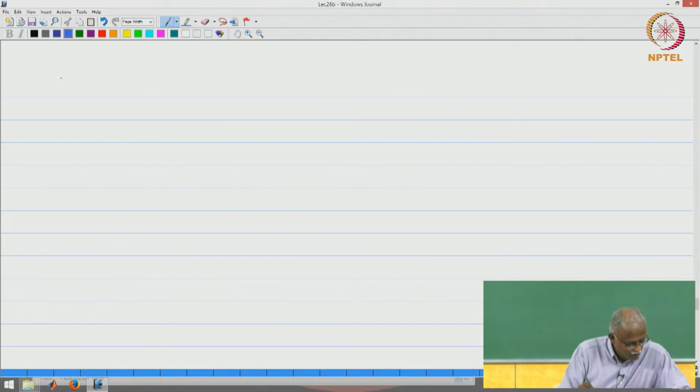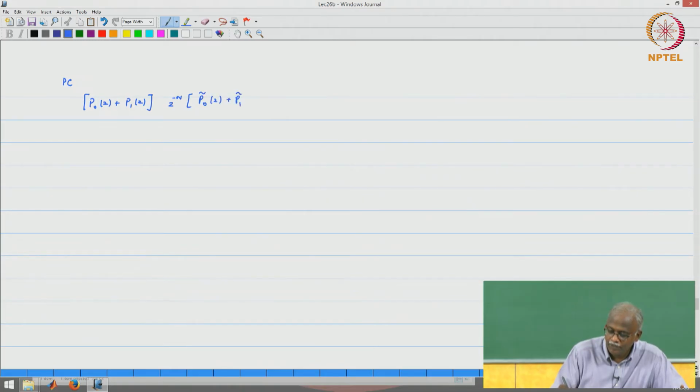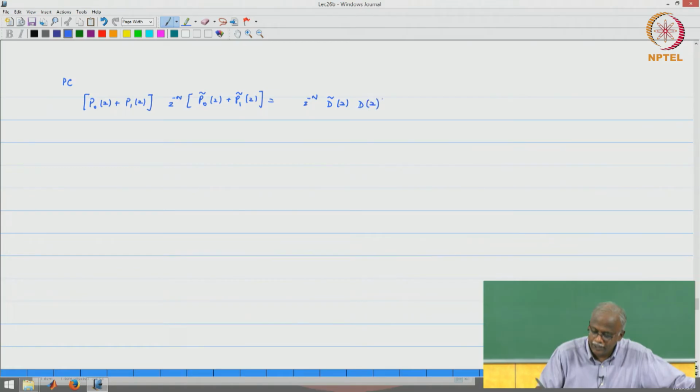We said that the power complementary constraint can be written as P naught of Z plus P1 of Z, and Z power minus n P naught tilde of Z plus P1 tilde of Z, is equal to the expression that we have, Z power minus n d tilde of Z d of Z. Did we get that correctly?